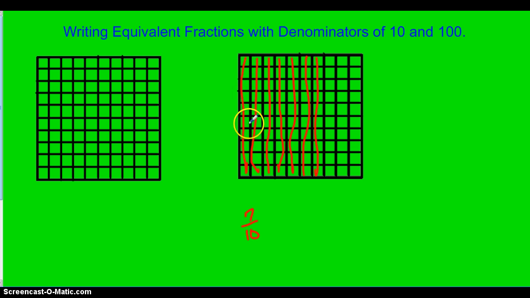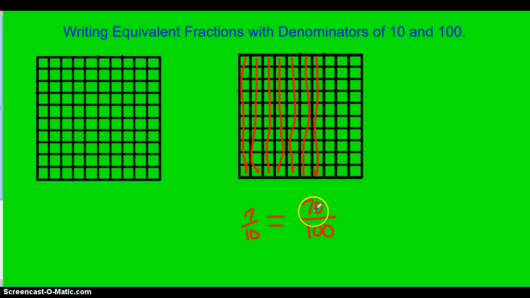So that's 10, and each one of those is 100. So that's 10 hundredths, 20 hundredths, 30 hundredths, 40 hundredths, 50 hundredths, 60 hundredths, 70 hundredths. So we know that 7/10 is the same amount as 70 out of 100, or 70 hundredths.